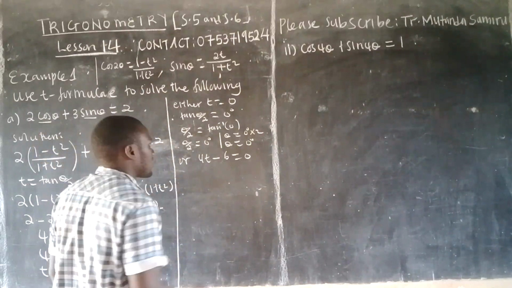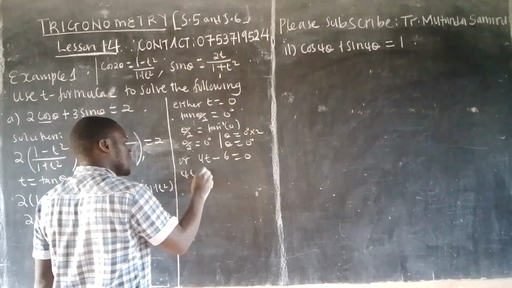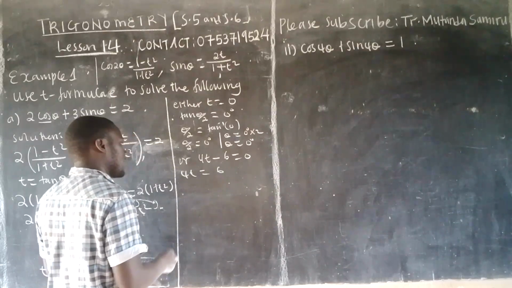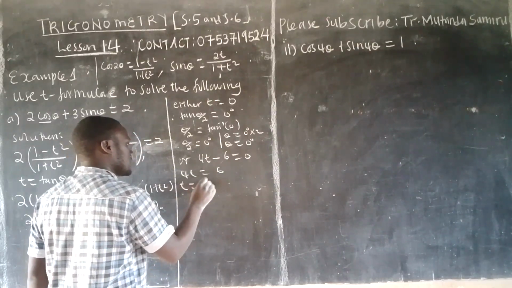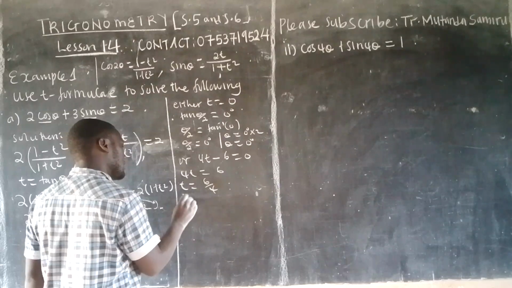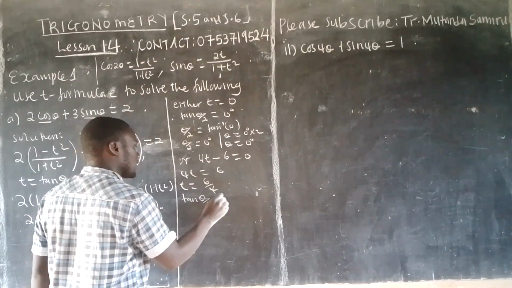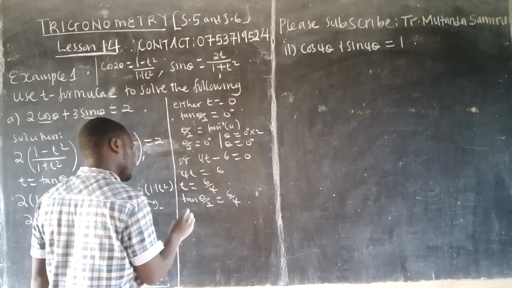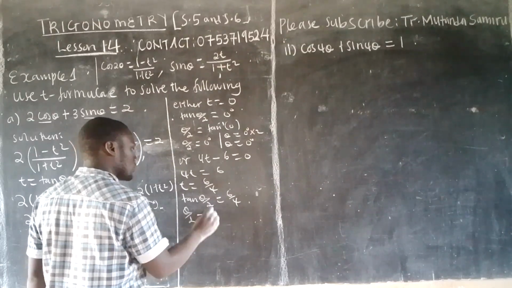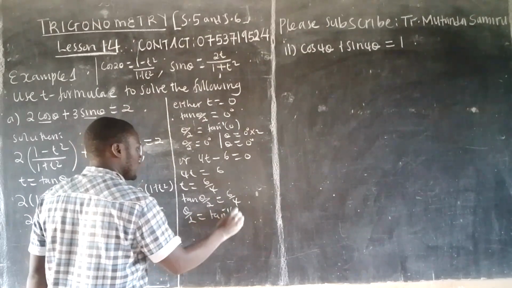Let's now come to this. That will now be 4t is equal to 6. Therefore, t is equal to 6 over 4. But the t is tan theta over 2, which is 6 over 4. So theta over 2 is equal to tan inverse of 6 over 4.